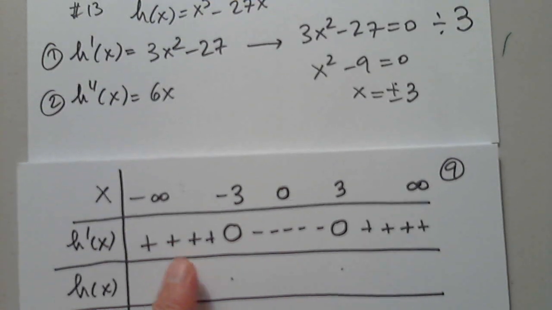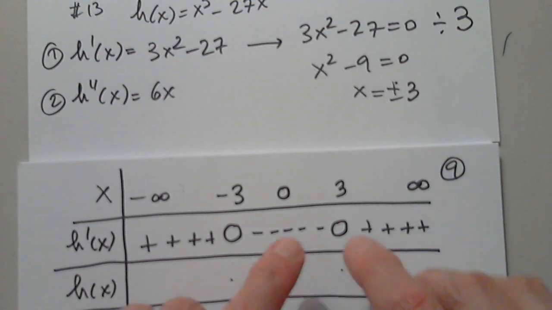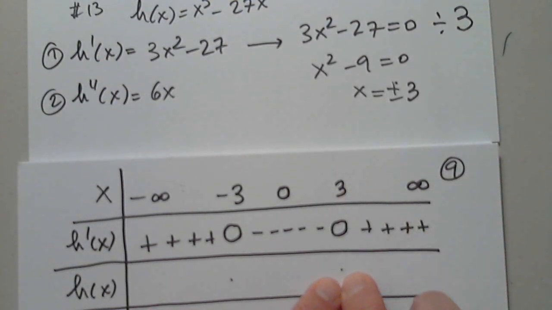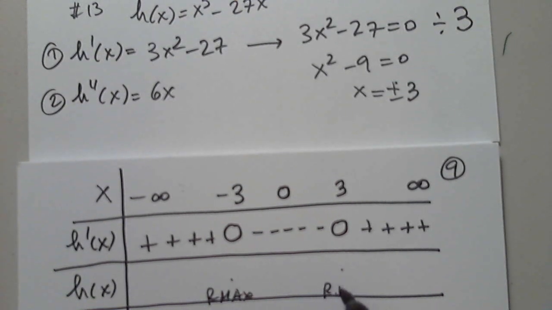Max. Perfect. Awesome. And 3, comma, this will be what type of point? Min. Yes. So this will be a relative max, and this will be a relative min.